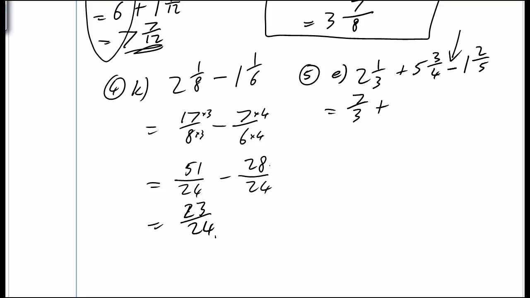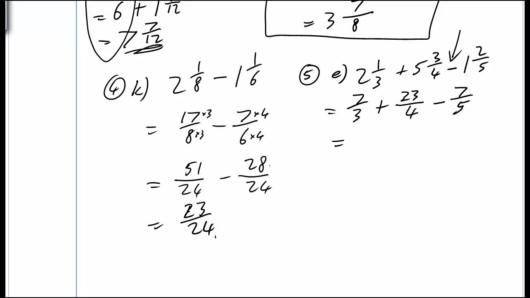Convert this 5 3/4 into an improper fraction. 5 times 4 is 20, plus the 3 is 23 on 4. This number here, 1 2/5, as an improper fraction, is 1 times 5 is 5, plus the 2 is 7, so 7 on 5.